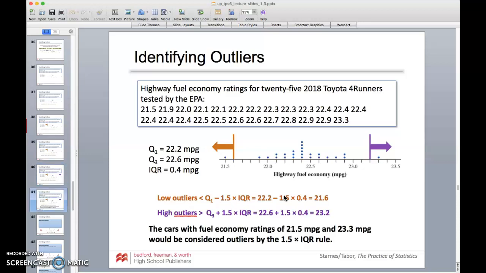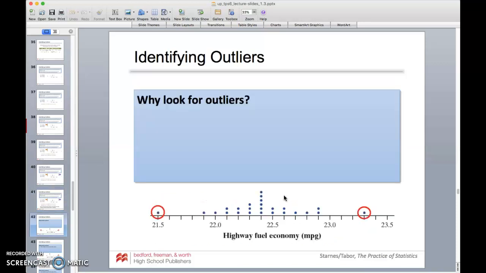All right, so again, we always want to use the lingo here and identify what these are. Put it in context. In other words, the cars with a fuel economy rating of 21.5 and 23.3 miles per gallon would be considered outliers by our 1.5 times the interquartile range rule.